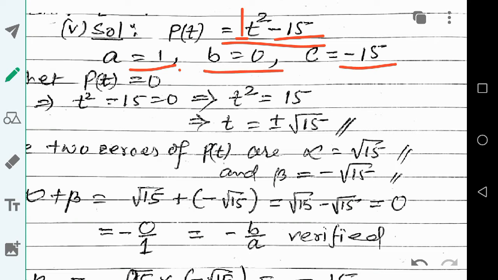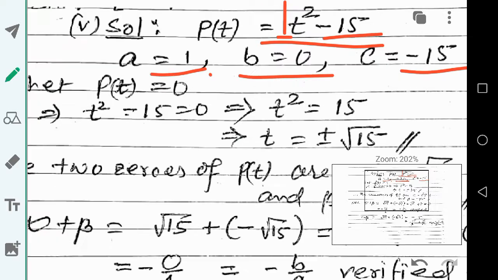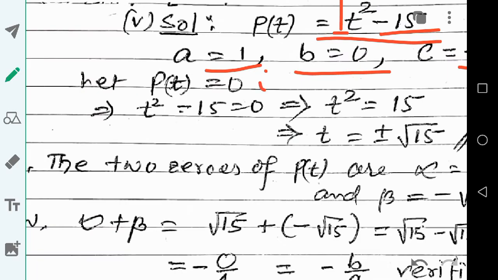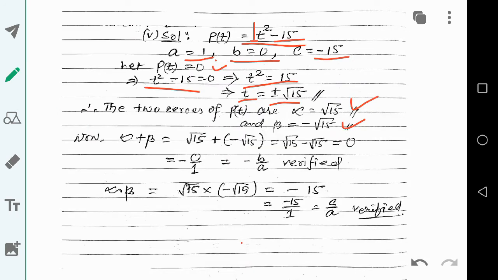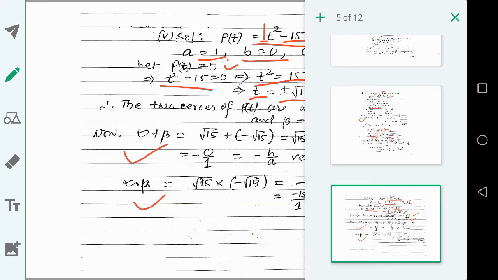Again, like the previous one, consider p(t) equal to 0, so t square minus 15 is equal to 0, which implies t square equals 15, so t will be plus minus root 15. So there are two roots, one is plus root 15, another is minus root 15. Then we can verify the relationships like this. Let's move on to the next topic.